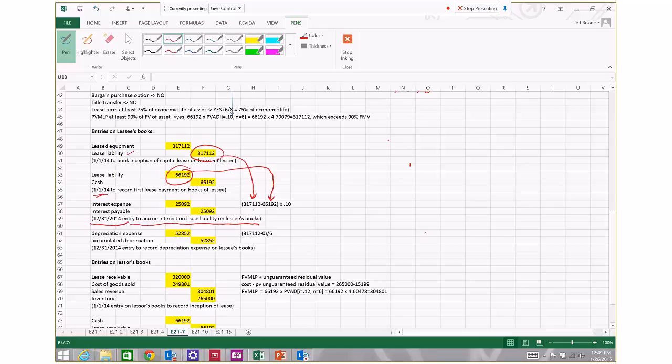The difference between those two amounts represents the carrying amount of the lease liability in the accounting records of the lessee. That's the amount on which interest accrued over the course of calendar year 2014.